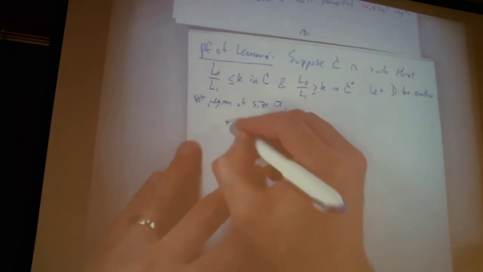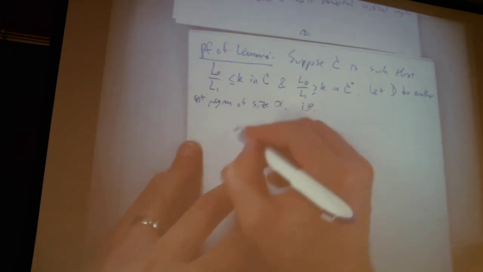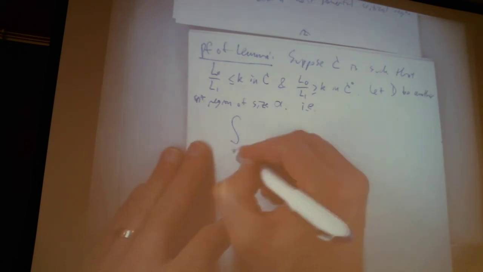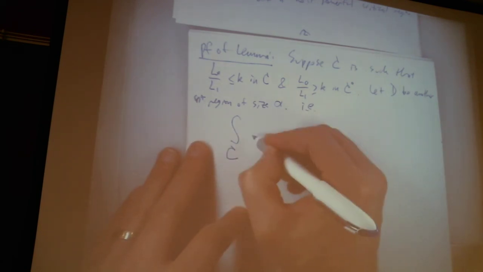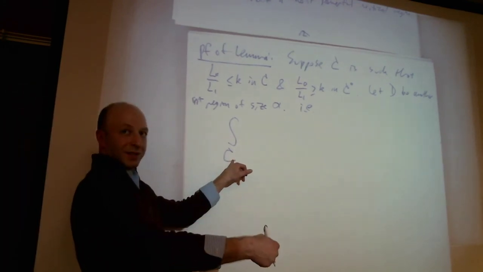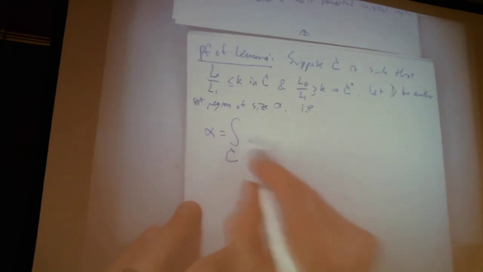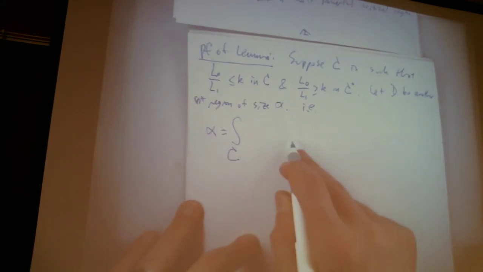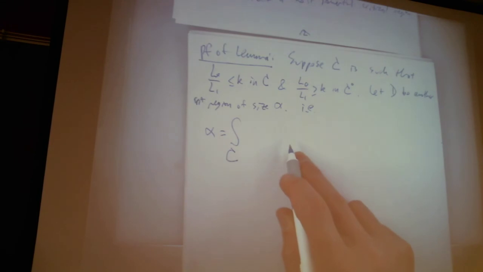What does that mean? What does it mean for C to be a critical region of size alpha? If I integrate all the possible outcomes in C, its size is alpha. C is where we reject the null hypothesis. This integral needs to come out to alpha. And what will I be integrating? I'll be integrating the product of the densities, assuming that H0 is true.